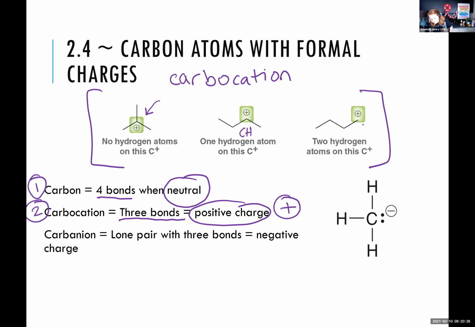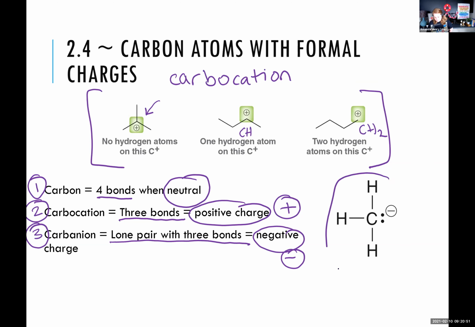In the last example, that would be a CH2, and it's bonded to another carbon as its third bond. Our third scenario down here is a carbon that has 3 bonds and a lone pair. This will give us a negative charge. Negative ions are anions, and so together with carbon, that gives us a carbanion.